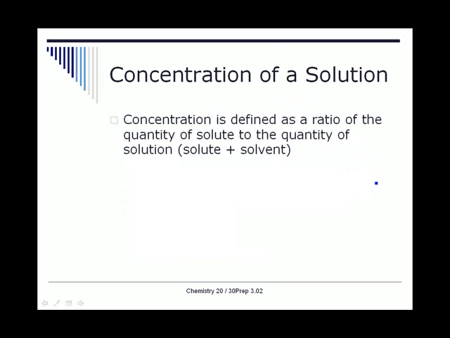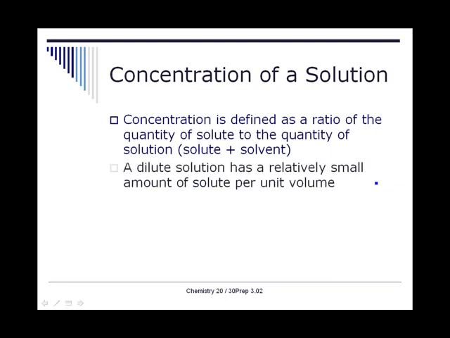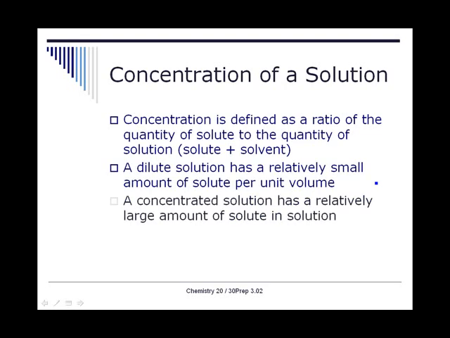In terms of defining concentration, concentration is defined as the ratio of the quantity of solute to the quantity of solution. So we're measuring the amount of solute, and we're measuring the total amount of solution that we have, and comparing the two. A dilute solution is one that would have a relatively small amount of solute per unit volume, whereas a concentrated solution would have a relatively large amount of solute in solution.